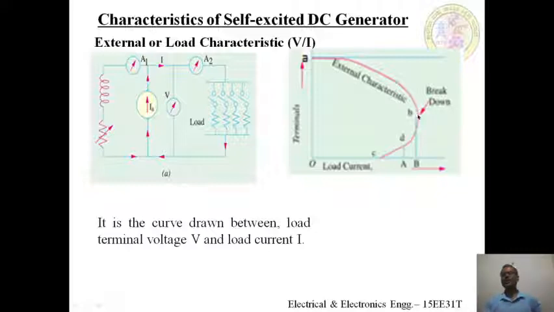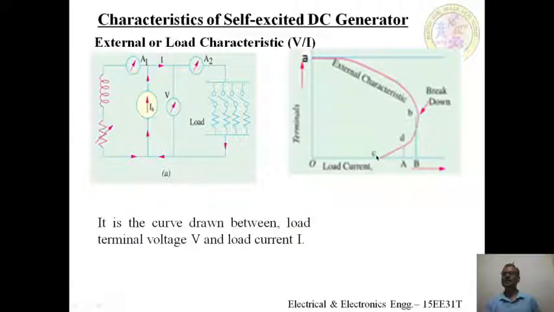Beyond point B, if any attempt is made to increase the load, that means decreasing the load resistance, the load current has to increase. Instead of an increase, the current suddenly starts decreasing. This is because of the severe voltage drop due to the armature reaction and armature resistance drop.